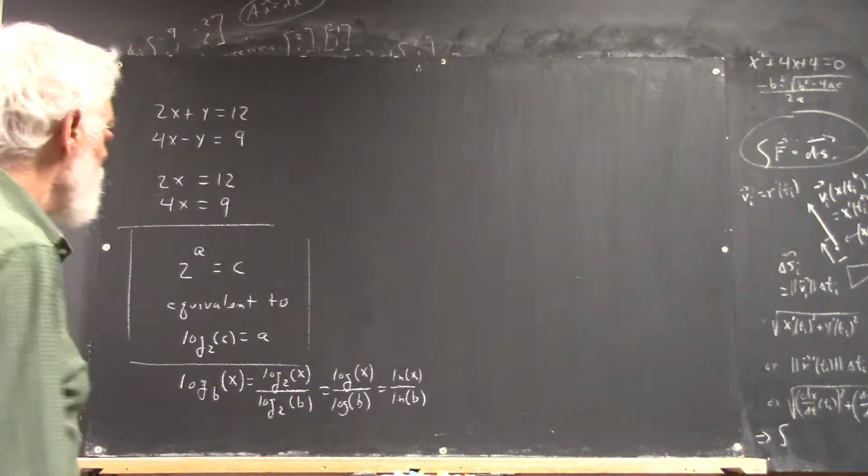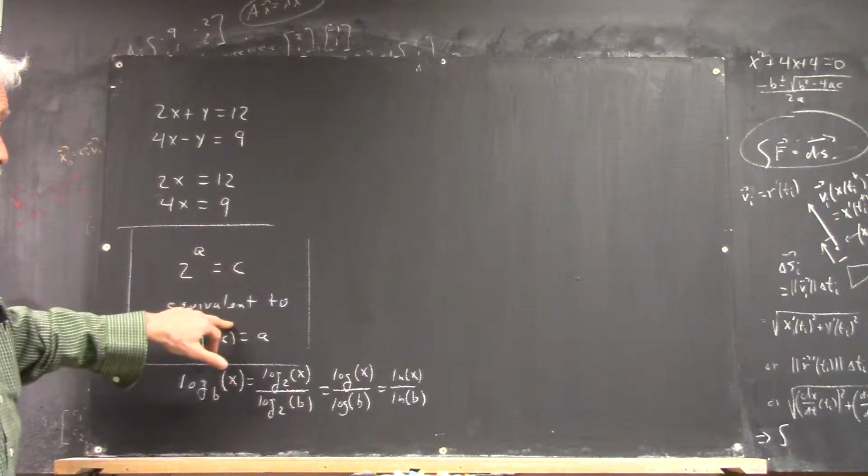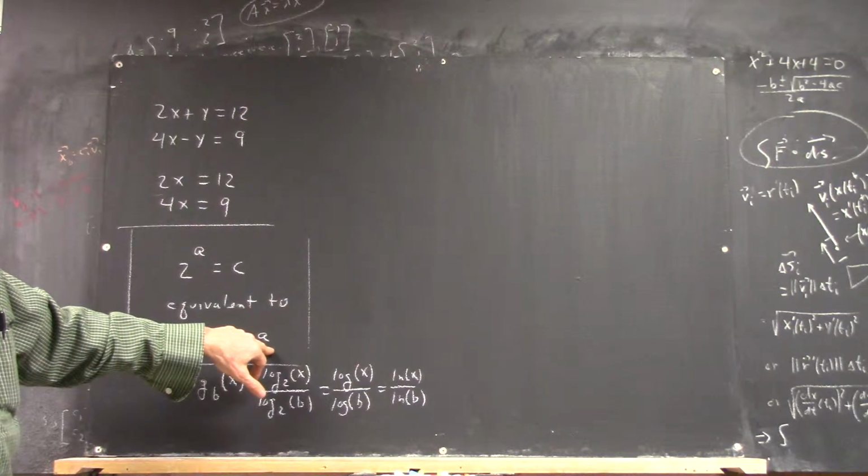Okay, again, 2 to the a equals c is equivalent to log base 2 of c equals a. Okay?